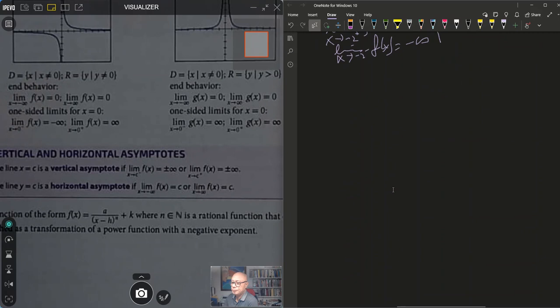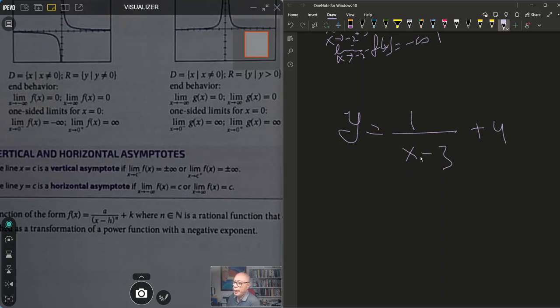Another example. For example, y equal 1 over x minus 3, plus 4. What makes y infinite? It should be x equal 3, right?